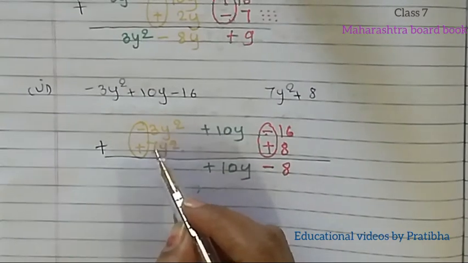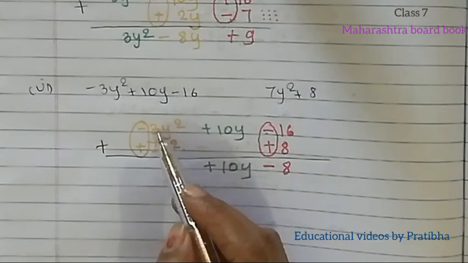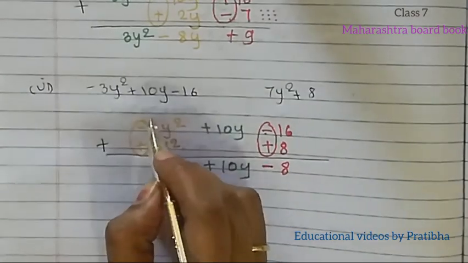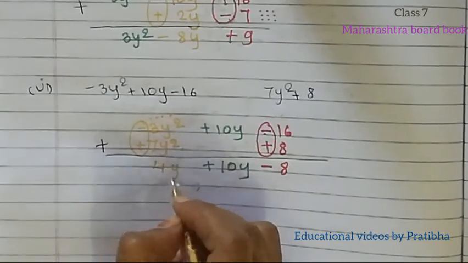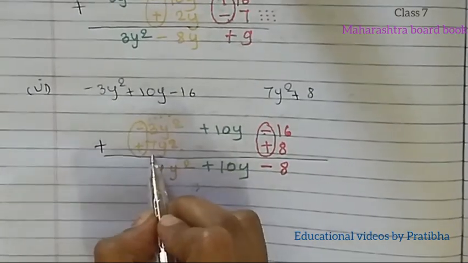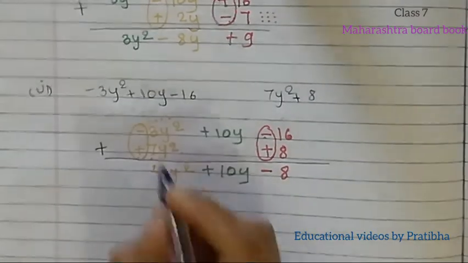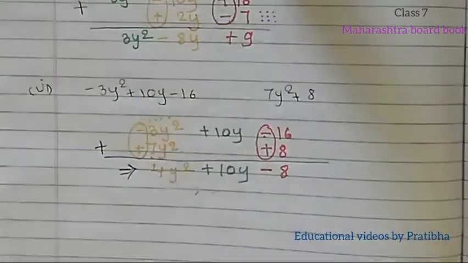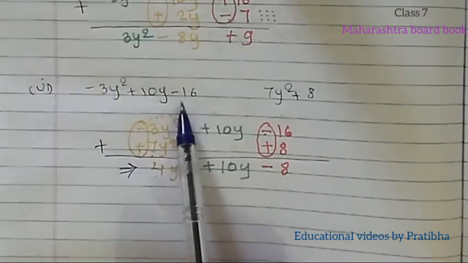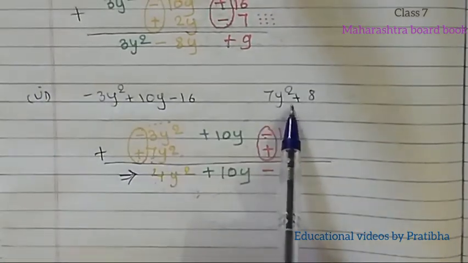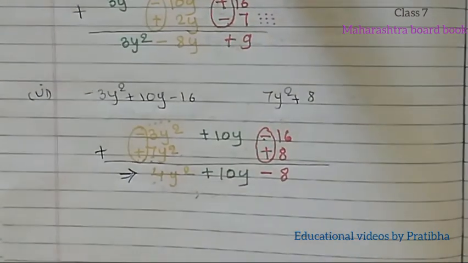Now 3 is smaller than 7, so we cannot subtract 7 from 3, so we will do vice versa, we will subtract 3 from 7. 3, 4, 5, 6, 7, our answer is 4y square, and the bigger number is 7, which is positive, so this 4 is also positive, which we don't have to write. So the sum of minus 3y square plus 10y minus 16 and 7y square plus 8 is this. So 4y square plus 10y minus 8.